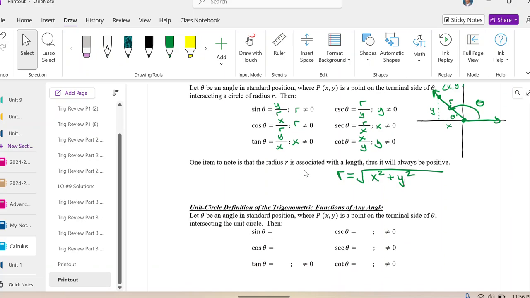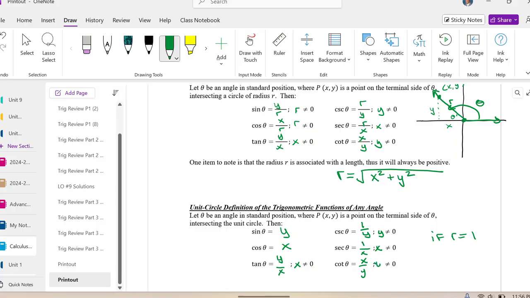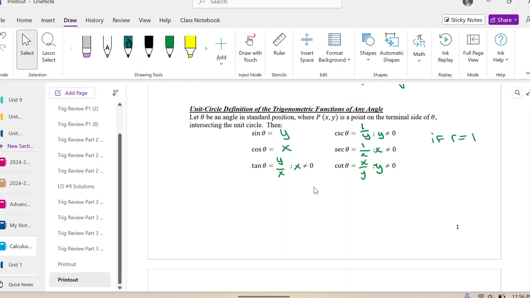The unit circle definition occurs if the radius is equal to 1. Then, using the general definition, the sine is y, the cosine is x, the tangent is y over x. The cosecant is 1 over y, secant 1 over x, and cotangent is x over y. That's if the radius is equal to 1.